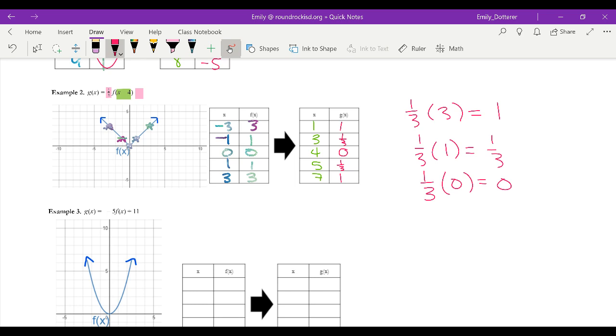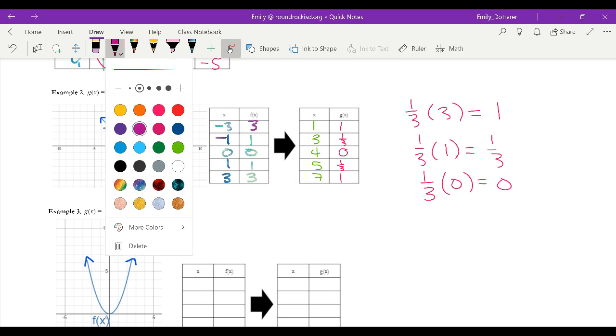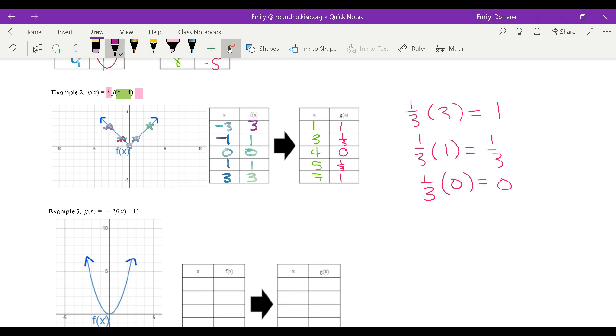Okay, so now we're going to graph our transformed function g of x. So we've got the points for 0, which is going to be over here.